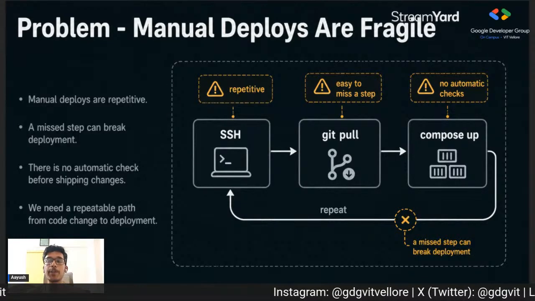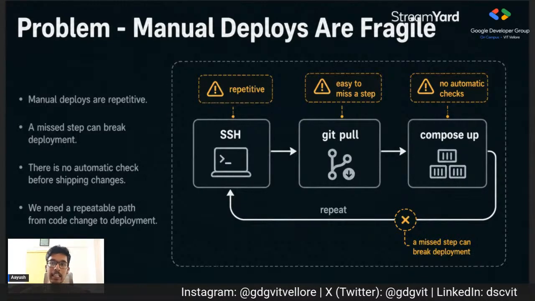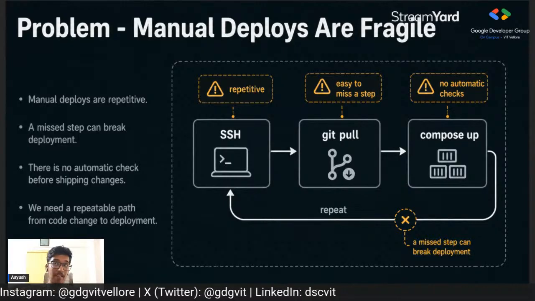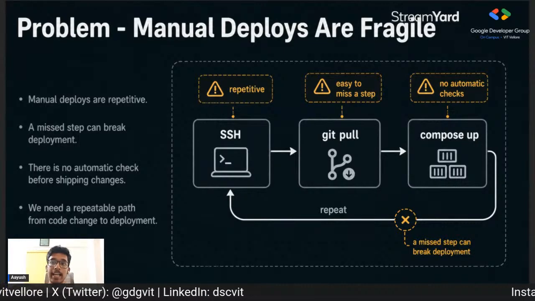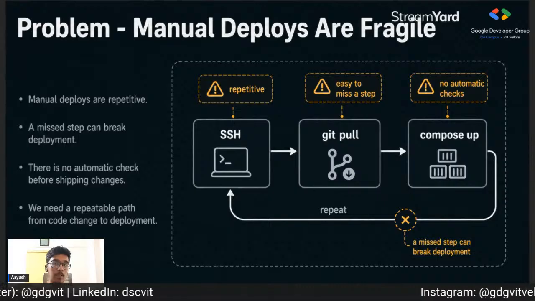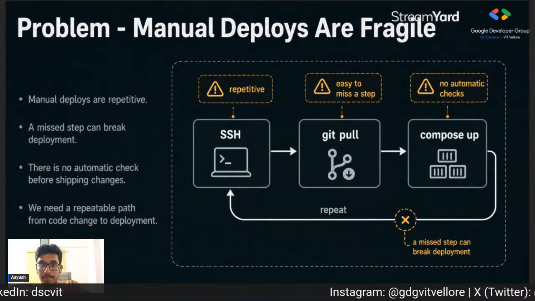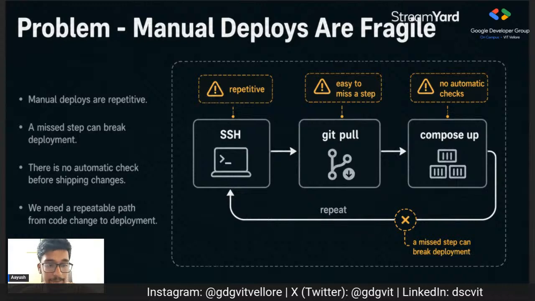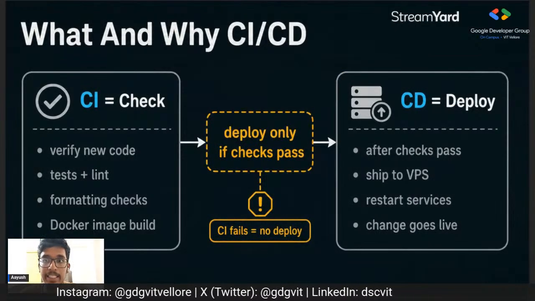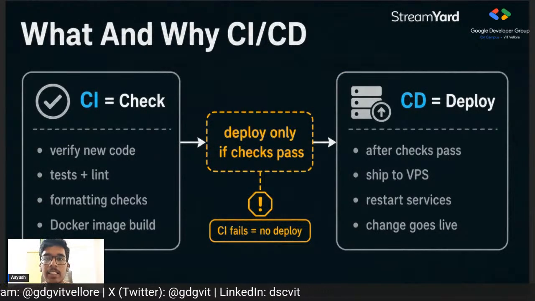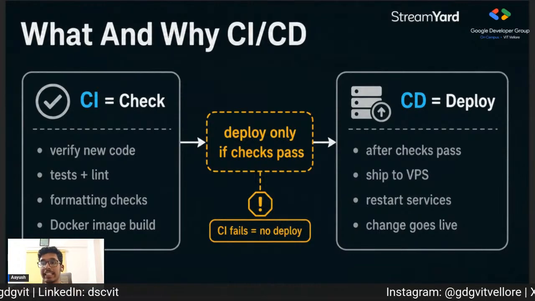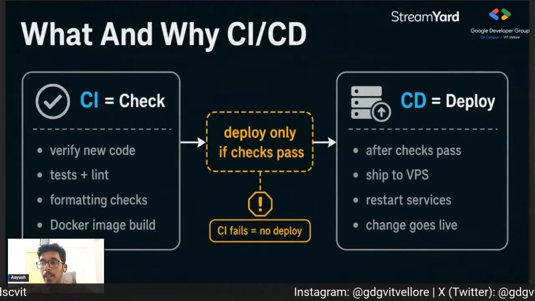And I want to run tests and type checks, and if tests don't pass, I don't want it to deploy. So for that, we run CI/CD, where CI means continuous integration, and CD means continuous deployment.